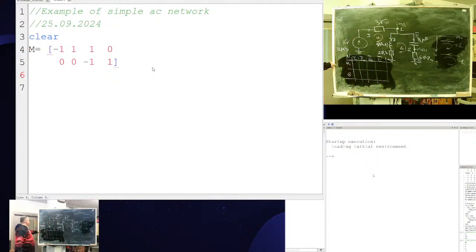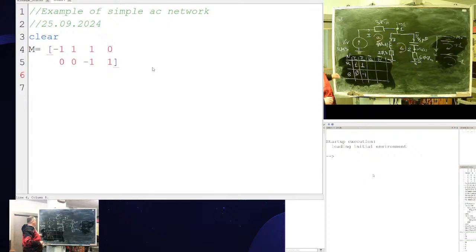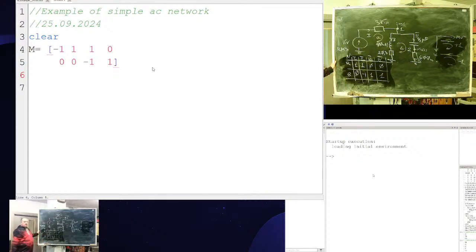Let's see. First branch, contour A: 1, 0. Second: 1 here, and in the opposite direction -1. Third, 1 in the second, and 4, 1 in the second. Here's my contour matrix.